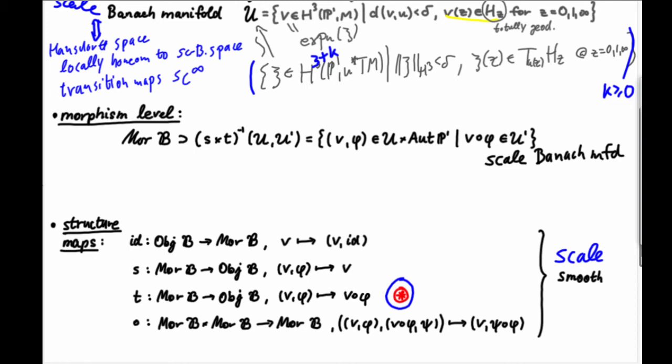It looks a priori like 6 dimensions more than the slice for my chart U, except I have this extra condition that the reparametrized map should satisfy the other slicing conditions. And so that's going to cut down by those 6 dimensions again. So my claim is that locally this actually looks like U times a finite group, namely the stabilizer group of my center chart, little u.